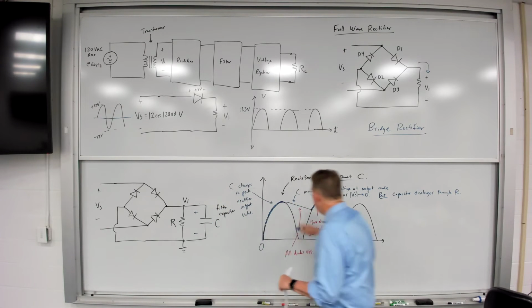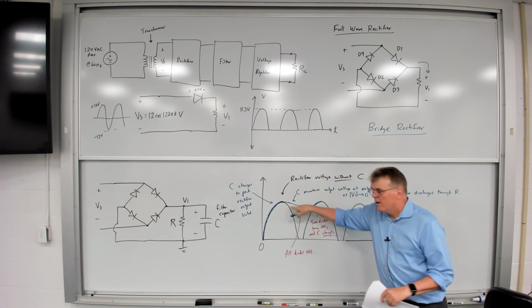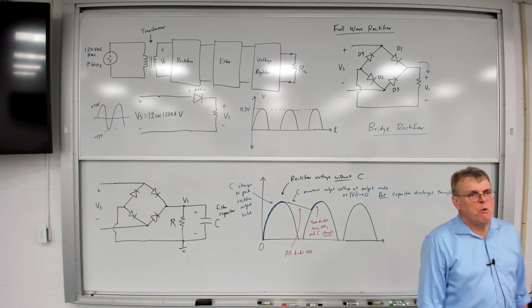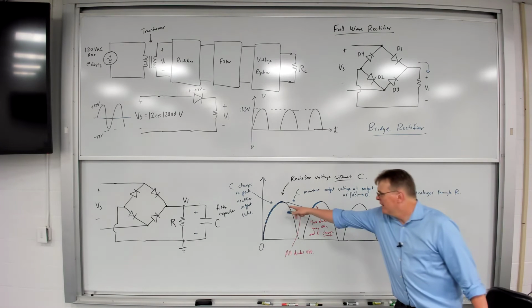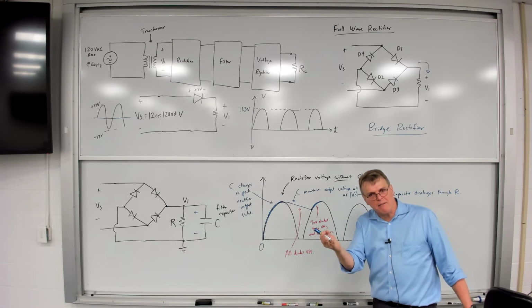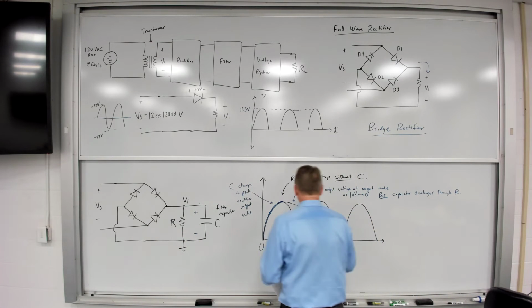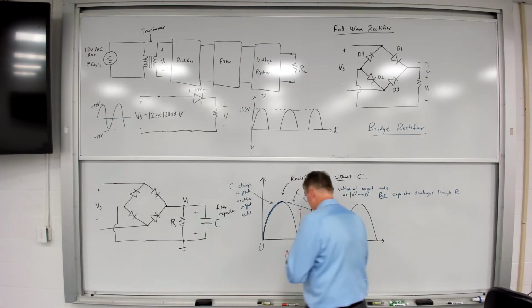Now, as the capacitor discharges, what kind of decay is going to occur here? As this capacitor discharges through R, what are we going to have? First order exponential decay, right? So in this region, this is first order exponential decay.